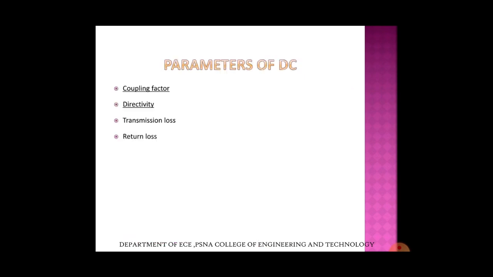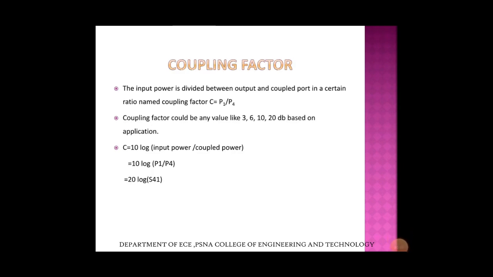Now we are moving to the parameters of the directional coupler. The major parameters of a directional coupler are coupling factor and directivity. Apart from these two, we have transmission loss and return loss. The coupling factor is the ratio of input to coupled power, that is C = P1/P4, as we have taken the first port as the input port and the fourth port as the coupling port.